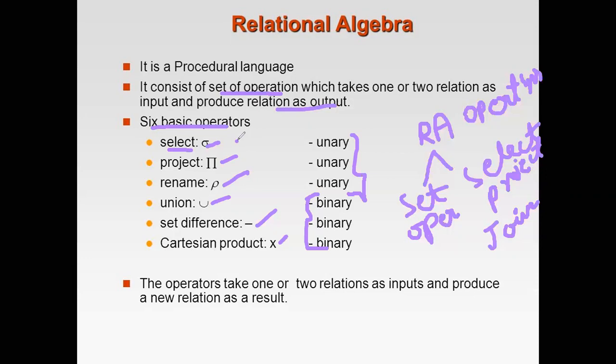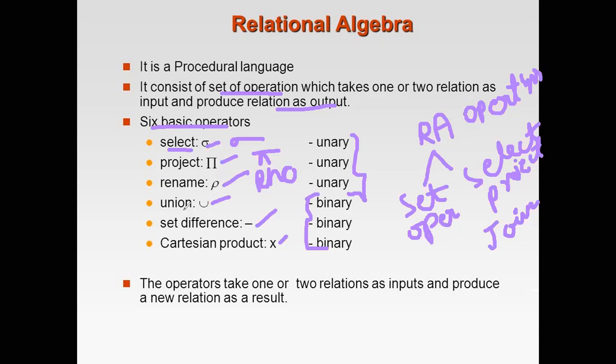Then we have project, which uses the symbol pi. Rename, whenever we want to rename the relation name or the attribute name, we use the rename symbol called rho. So this is pi, this is sigma, and rho.